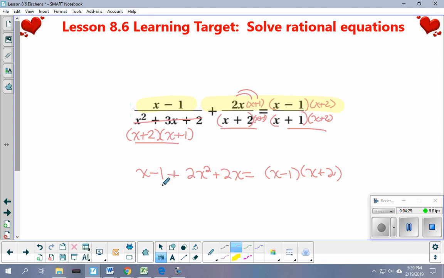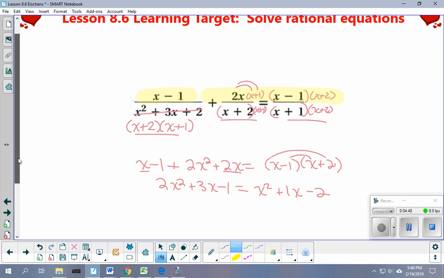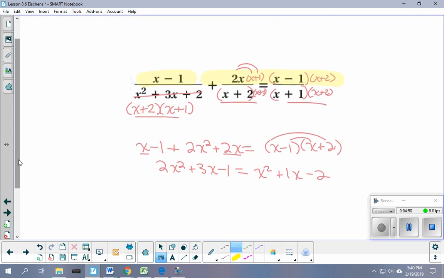Now let's combine like terms on the left. So we have 2x squared, and 2x plus x is a 3x minus 1. And on the right, we have a binomial times a binomial, so we need to FOIL. So that would be x squared, 2x minus 1x is a 1x, minus 2. Now we hopefully notice that we have x squared, which means this is quadratic.